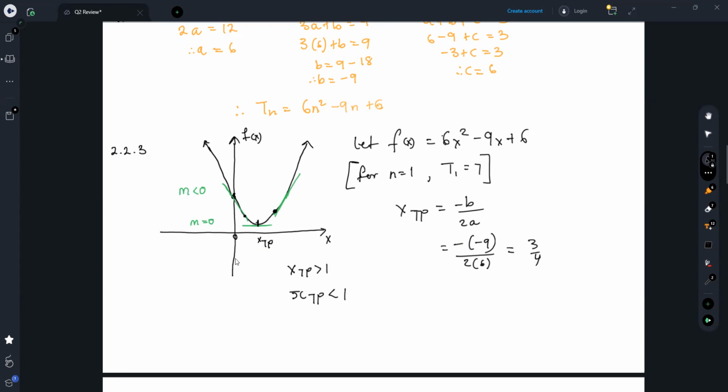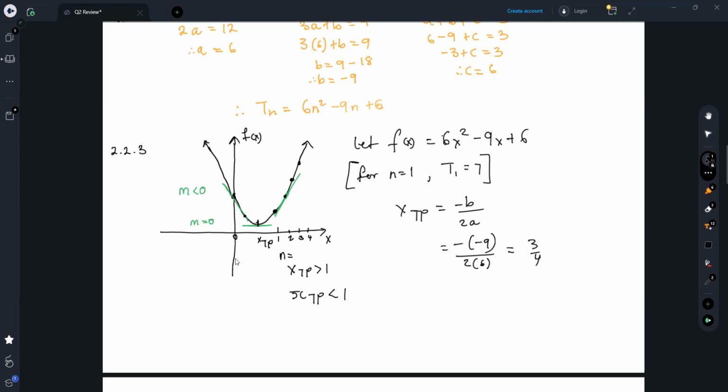And we know that our pattern here is formed by what? Discrete whole numbers. So probably 1 here, this value here would correspond to 2, that value would correspond to 3, that value maybe would correspond to a 4, and so on and so forth, if you're looking at the values of n.